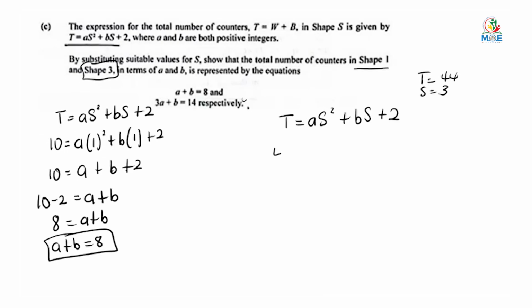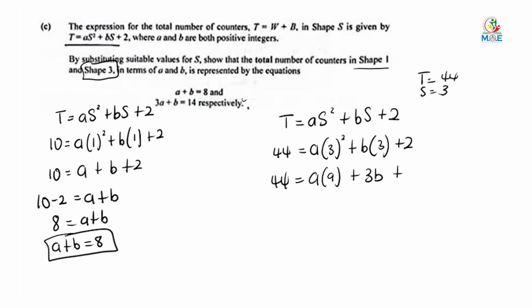So 44 is equal to a multiplied by s, which is 3. So this is 3 squared plus b multiplied by s, which is 3, plus 2. So we'll have 44 is equal to a multiplied by 3 squared, which is 9, plus b multiplied by 3, which is 3b, plus 2.